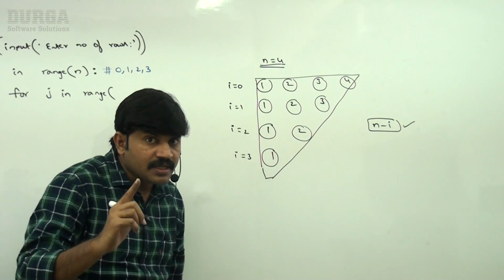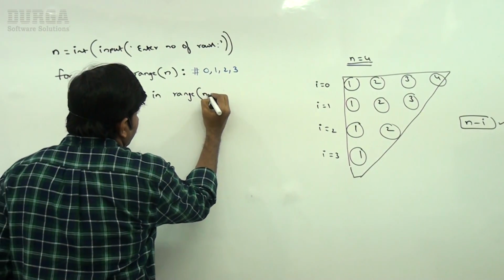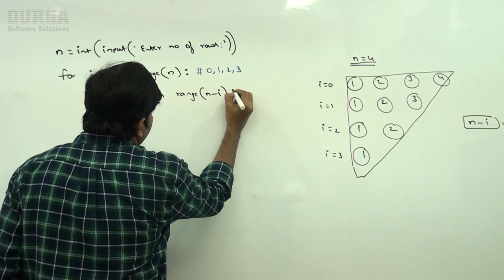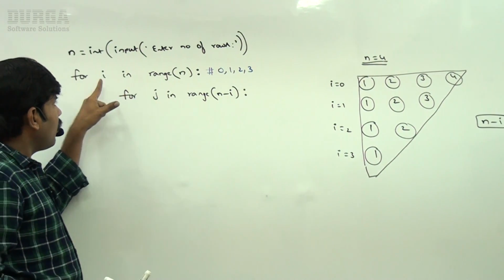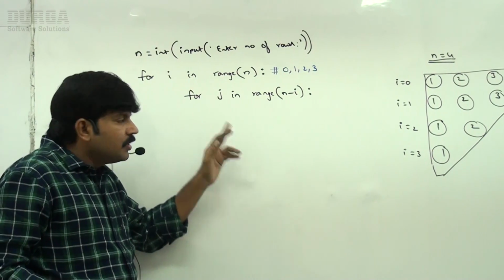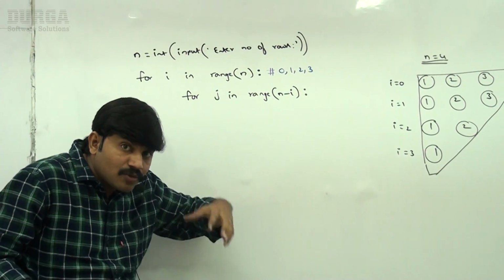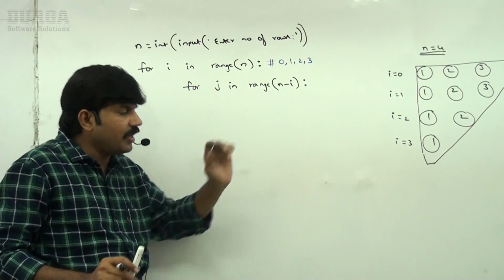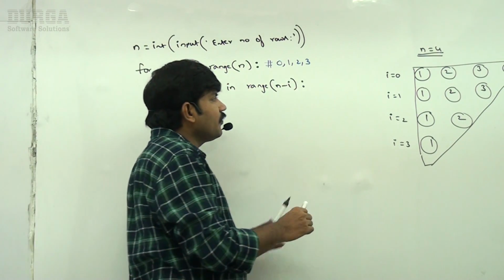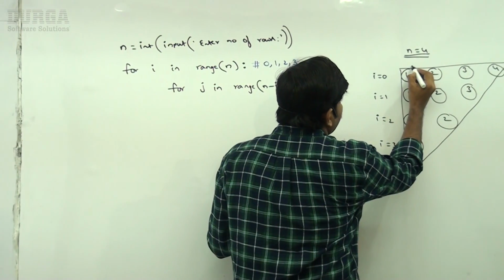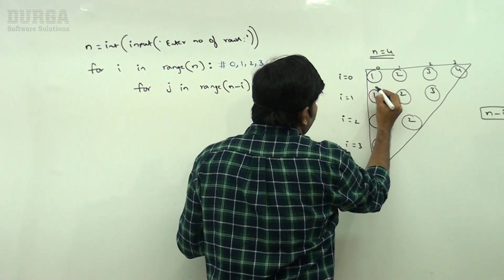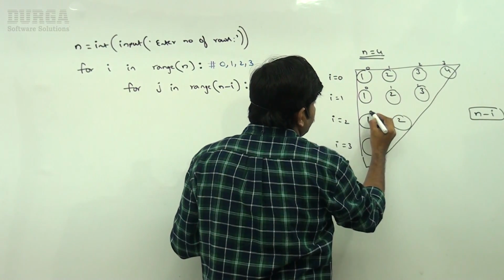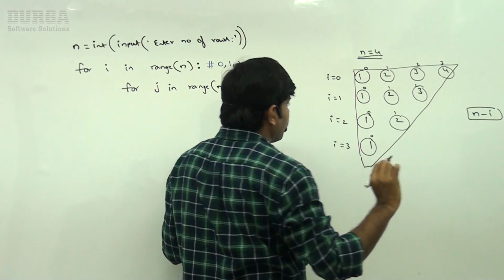So I talks about number of rows, j talks about in that row how many elements. Now here if you observe, j values are 0, 1, 2, 3. Then 0, 1, 2, then 0, 1, then 0, like this, right?